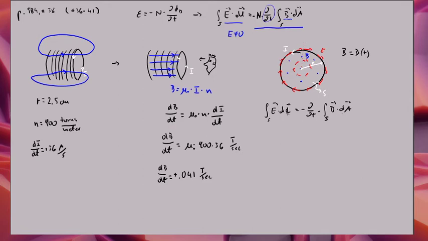And so the left hand side, I already told you that for all of these problems, you can assume that the electric field is just going to be parallel to dl. You can actually figure this out by using Lenz's law that I haven't mentioned yet, and also that the electric field along a circular path is going to be constant. So the electric field is constant along a circular path.